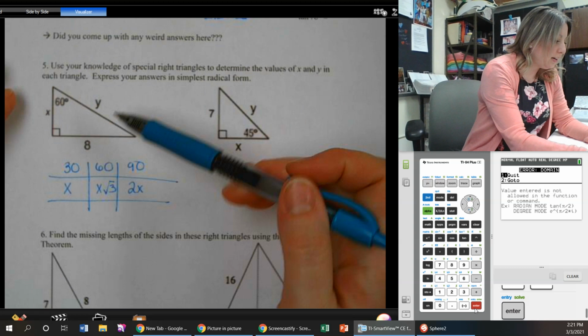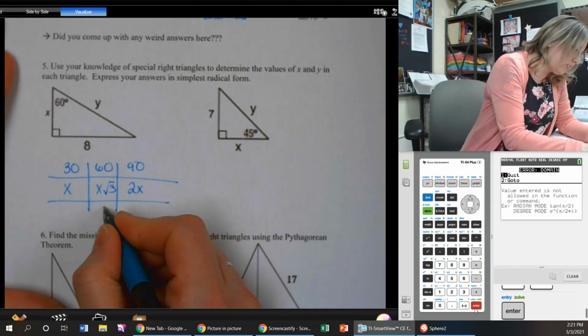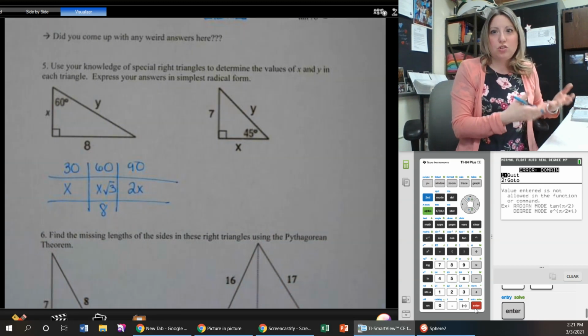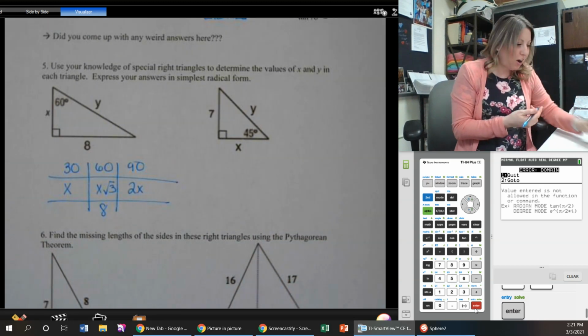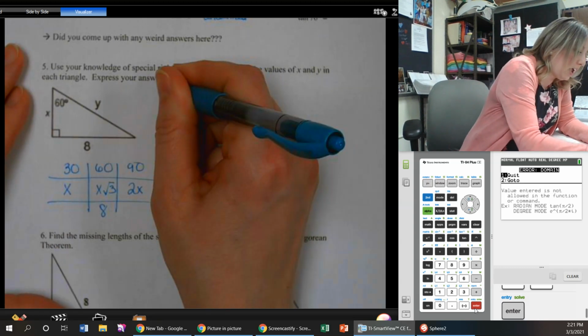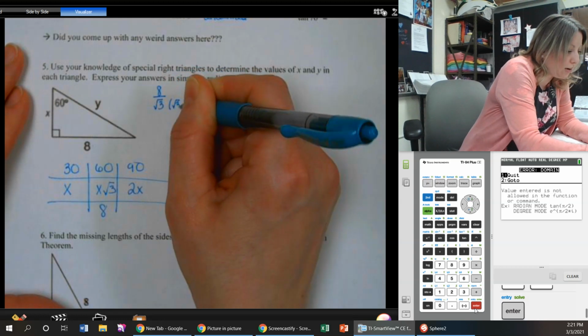Let's see, the side I do know is across from 60, so it's here, which means if I'm going backwards to find my 30, right, to find my side across from 30, my short leg, I need to take 8 and divide it by radical 3, which of course means rationalizing.